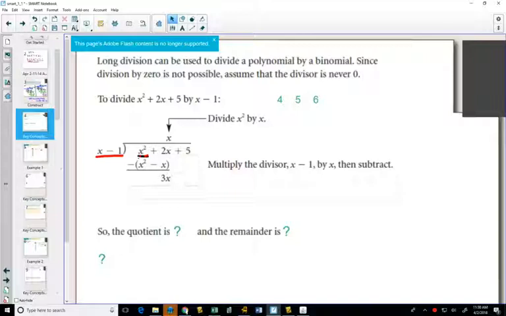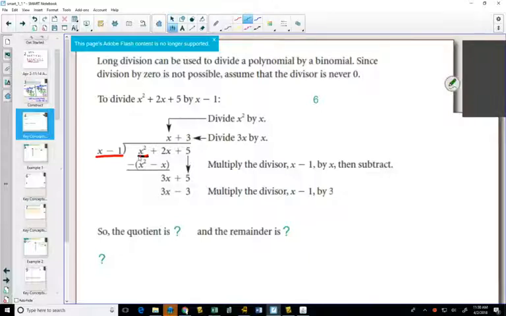When you subtract, the next value gets brought down. And now you're looking at your new biggest term. Your new biggest term is 3x. Again, what would I have to multiply an x by to get a 3x? That would be a 3.